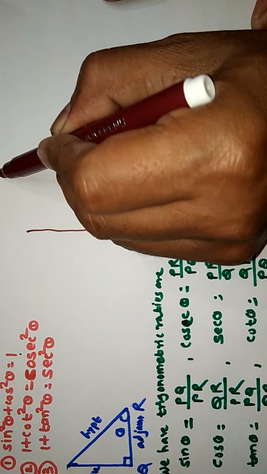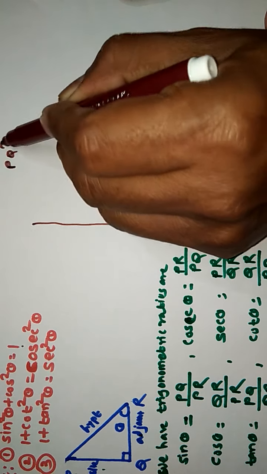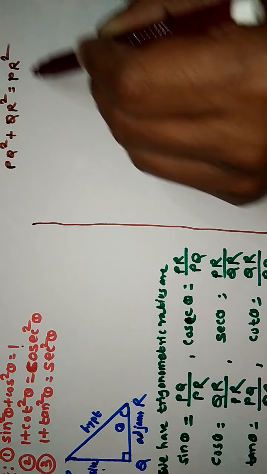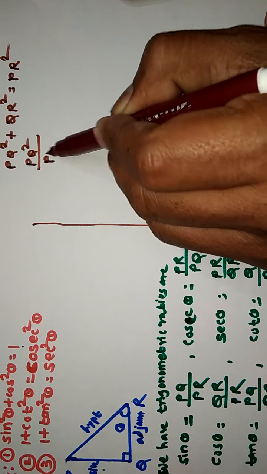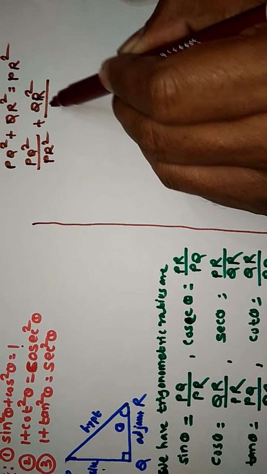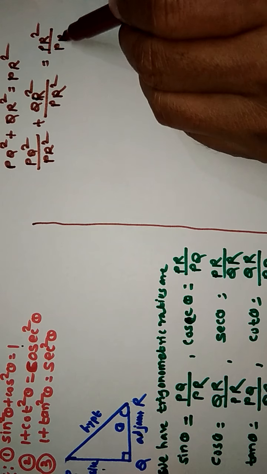First write down the given identity, the Pythagoras identity: PQ square plus QR square is equal to PR square. On dividing both sides by PR square, we get PQ square upon PR square plus QR square upon PR square equals PR square upon PR square.